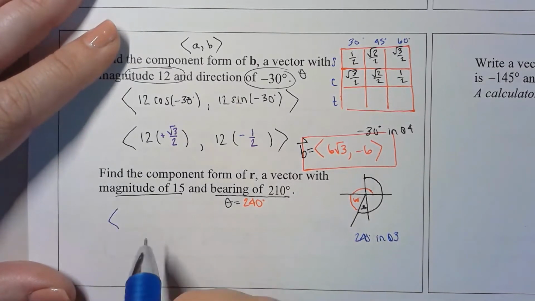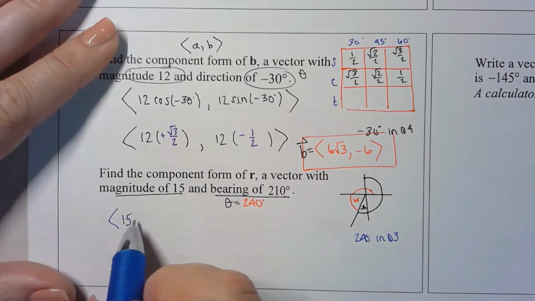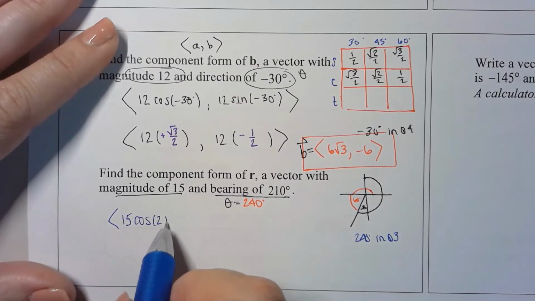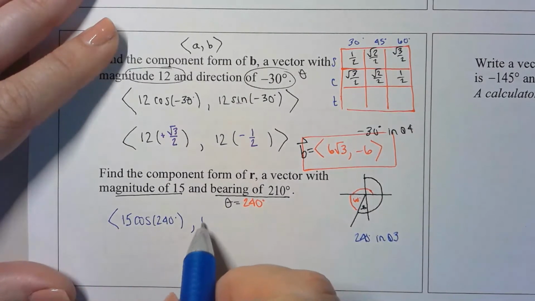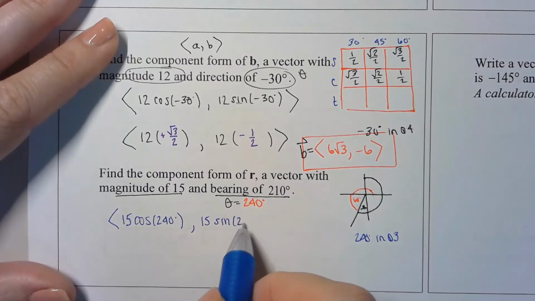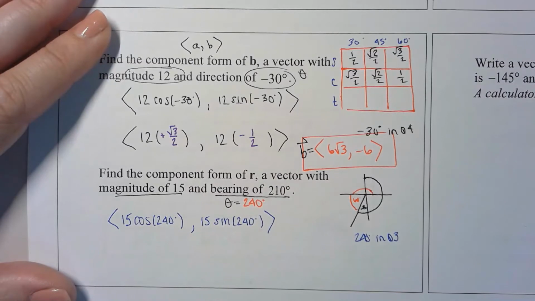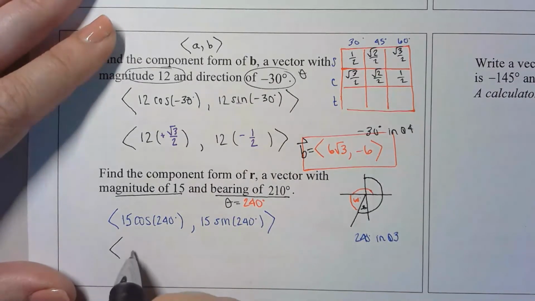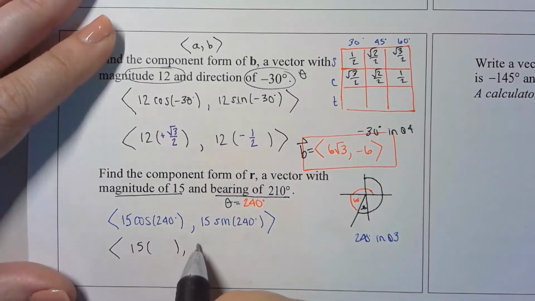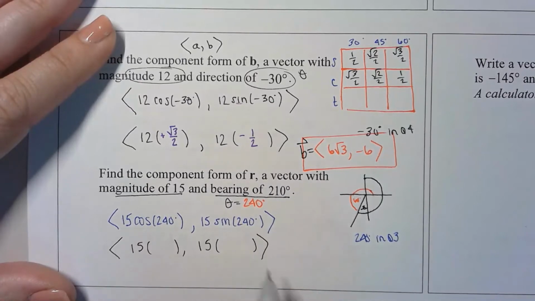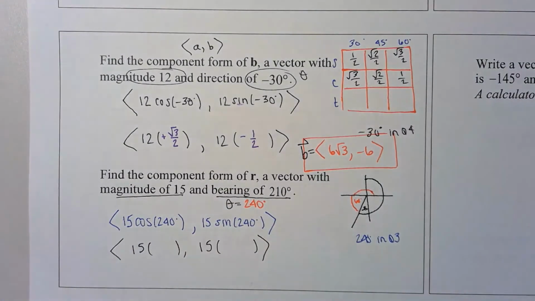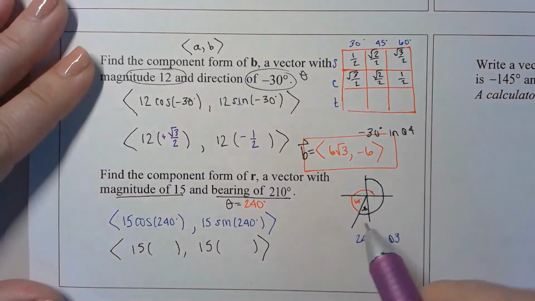All right, so here we go. We've got a rule. It says take the magnitude, multiply it by the cosine of the angle, then take the magnitude and multiply it by the sine of the angle. Now we're just cleaning it up. So I've got 15 times something, and then 15 times something. Again, 240 degrees is in the third quadrant.